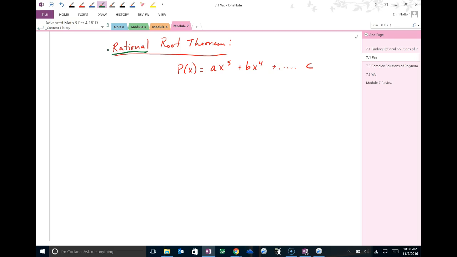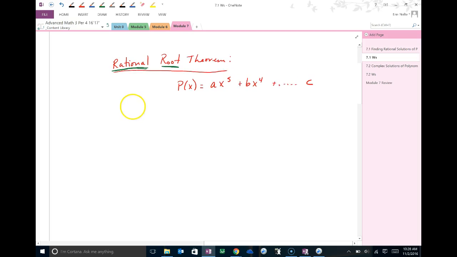All right, so rational. What does the word root mean? What do they mean by a root? Anybody know what a root is? Like the base? No, it's not a base, but that seems like a logical thing. A root is a fancy word for a zero.